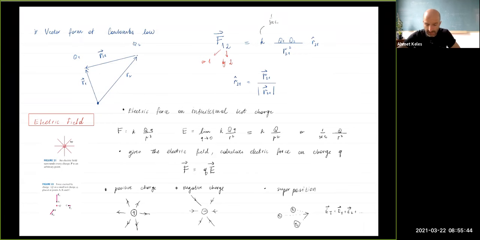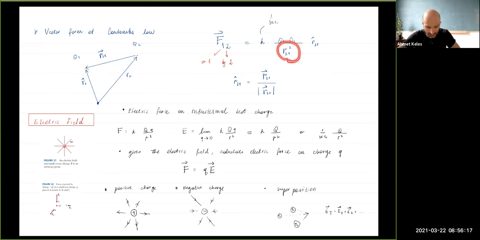Given this, we can define the force as a vector on the first charge by the second charge, F12. That's what we use repeatedly. It's equal to K, which is the same constant 1/4 pi epsilon naught, times the charges Q1, Q2, over the magnitude of this distance. Again, we use this notation: if there is no arrow, it means the magnitude.